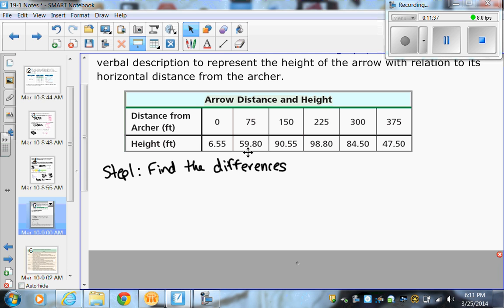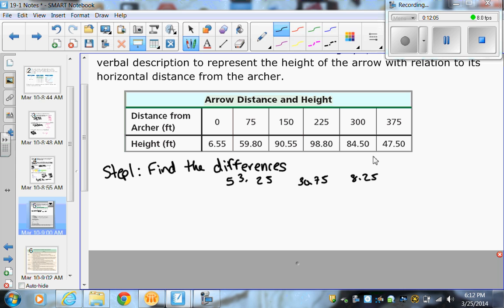So first things first, 59.8 minus 6.55 gives me a first difference of 53.25. 90.55 minus 59.8 gives me 30.75. 98.8 minus 90.55 gives me 8.25. 84.5 minus 98.8 gives me negative 14.3.